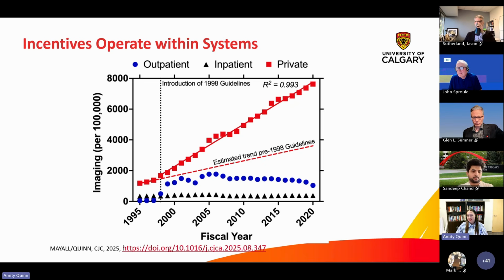In the mid-90s, the Alberta government wanted to improve access to cardiac testing. So there was a clear policy objective, and the first strategy they implemented was allowing testing to occur in private community-based facilities.